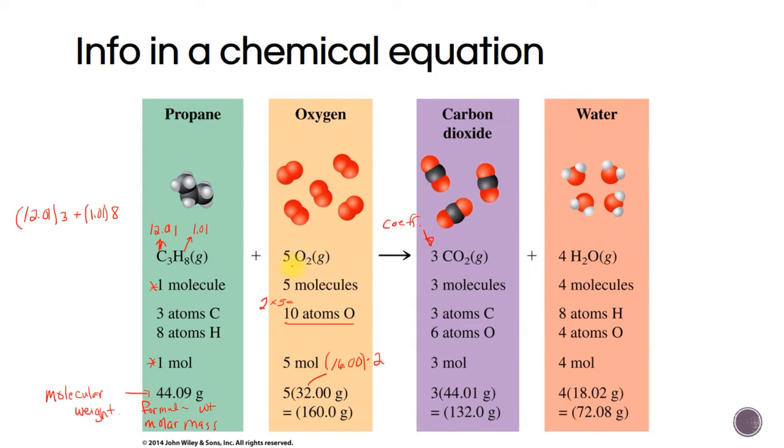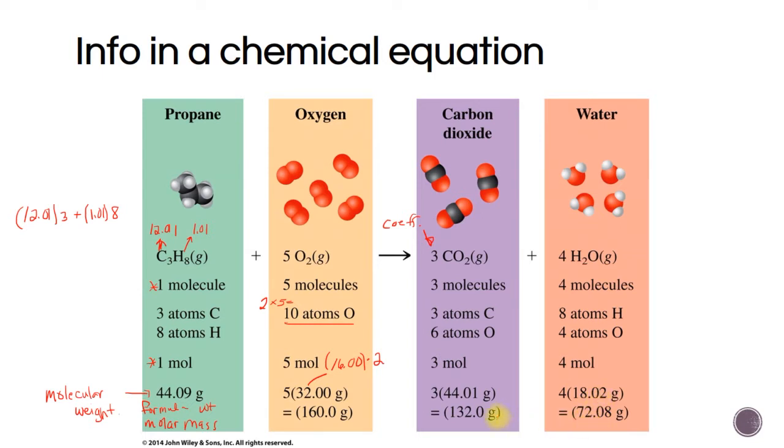And I multiplied by 5 because we said that there's 5 total oxygen. So I'd have to react 160 grams of oxygen with 44 grams of propane. It's going to produce 3 carbon dioxide, which a single carbon dioxide weighs 44.01 grams. And then our water, there's going to be 4 of them, and it weighs 18.02.